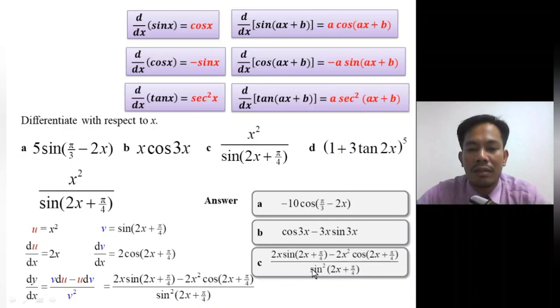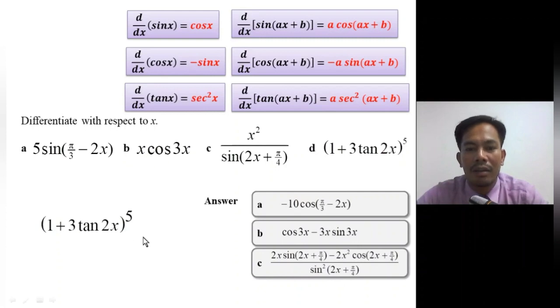But I think I don't have anything to simplify over there, unless I want to extract out 2x and bring it out as a common monomial factor. I can do that, but this one will be acceptable already in the IGCSE additional mathematics exam.